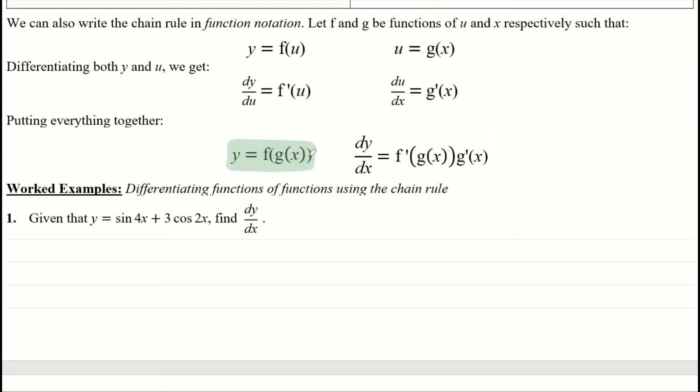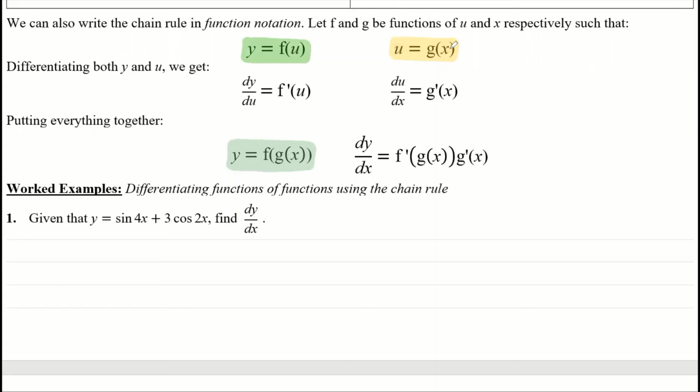But when we write the compositions, of course, the g of x, because it is substituted into the f of x, results in two separate functions. So we would say that y is equal to f of u and u is equal to g of x, like that.